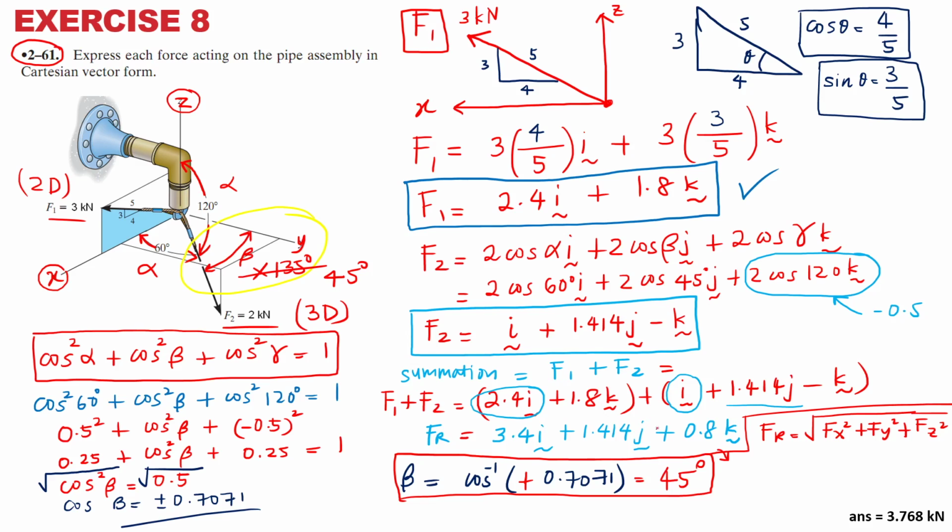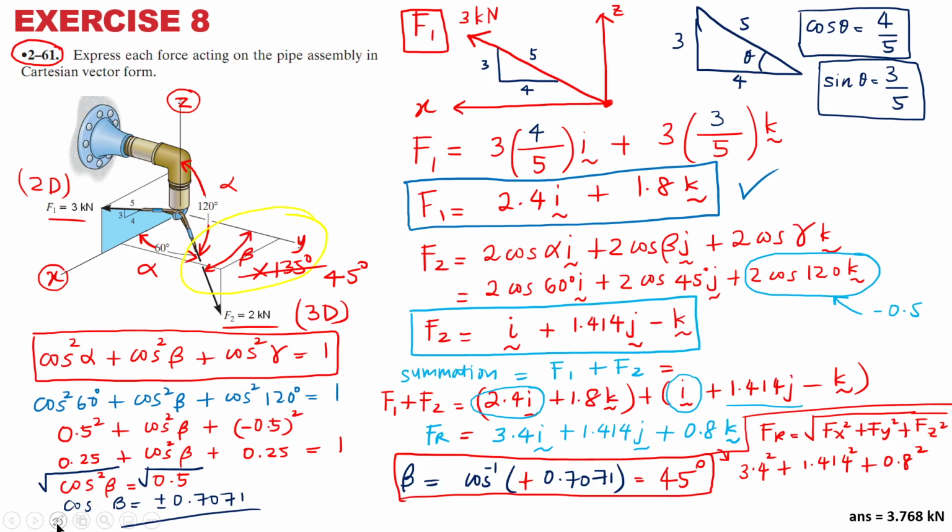Plug in: 3.4 squared plus 1.414 squared plus 0.8 squared.